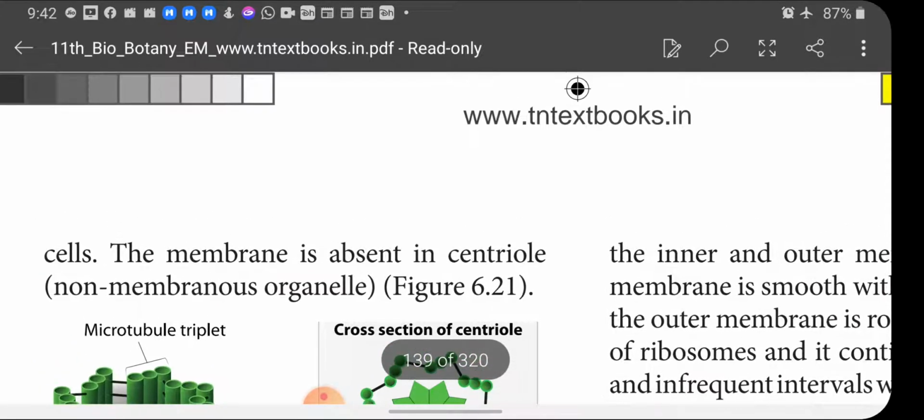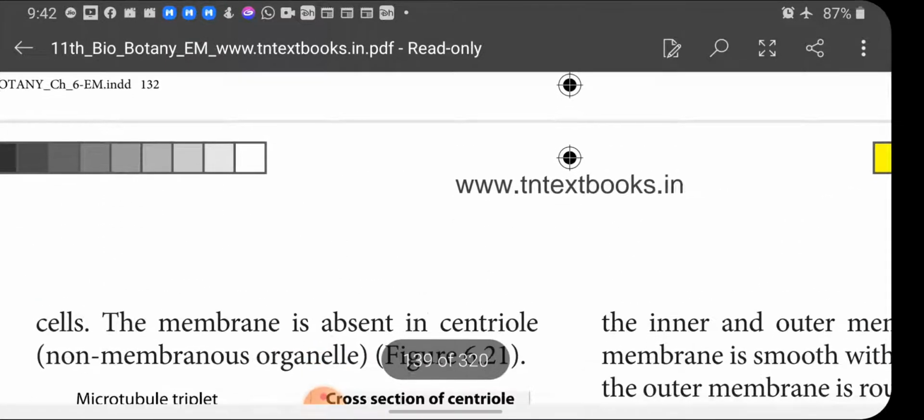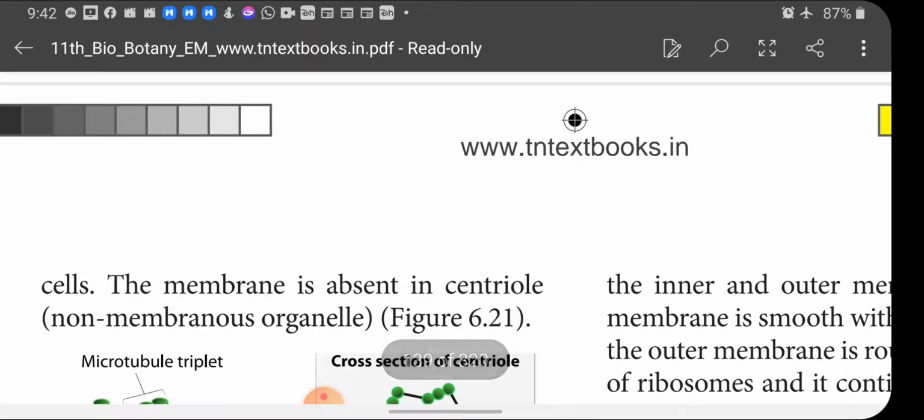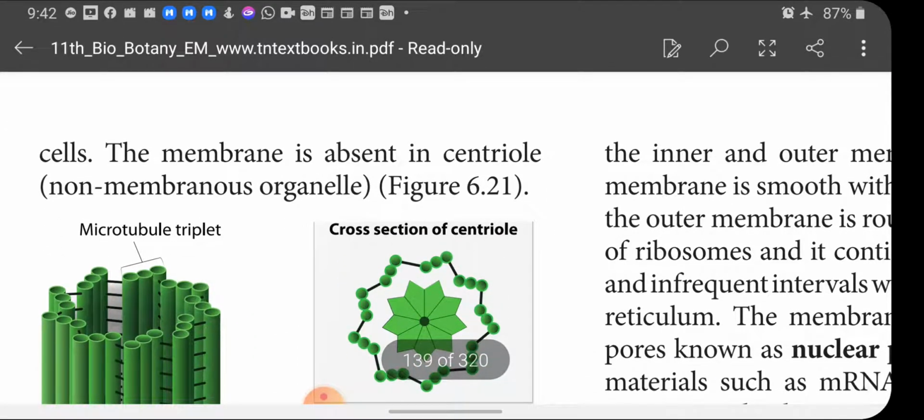It is present in animal cells and forms the spindle fibers during cell division. The membrane is absent in the centriole. The centriole is a non-membranous organelle; it does not possess any membrane around it.